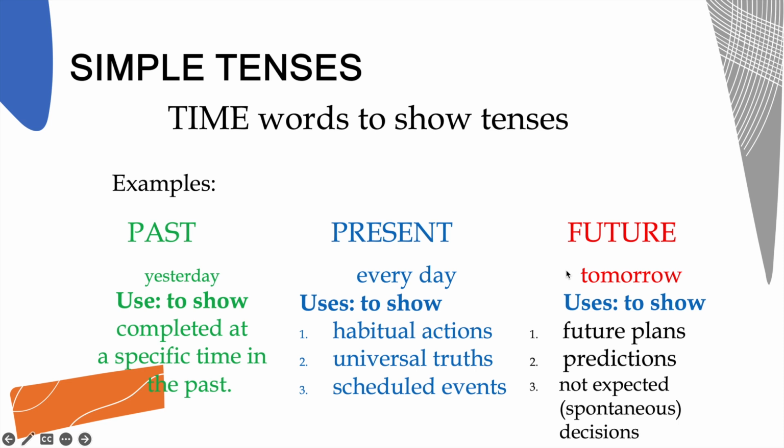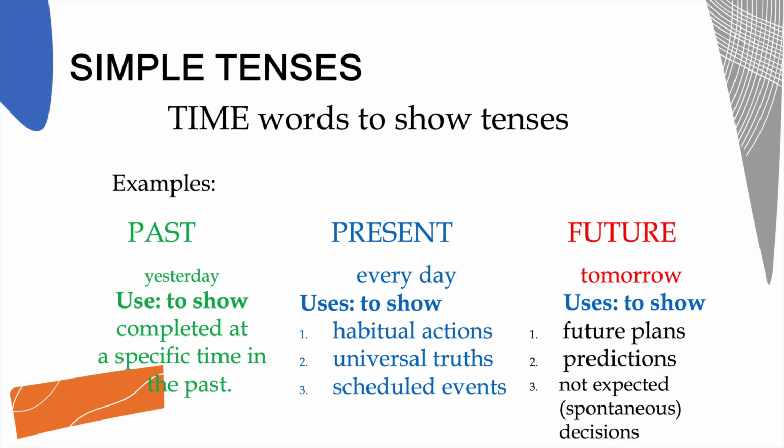For the future, the tense is used to show action that is not yet finished. It talks about your future plans, and predictions like the weather forecast, or what's going to happen in the next 5 years or in the next 6 months. It is also used for an action that is not expected, what we call spontaneous decisions. To recall, the simplest time word for future is tomorrow.